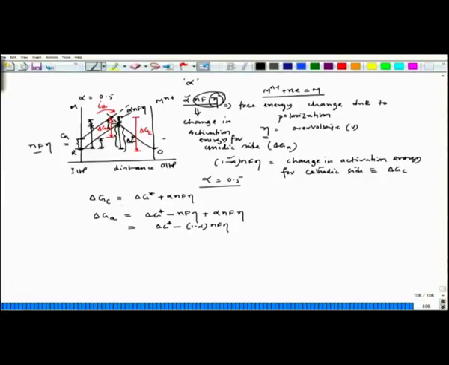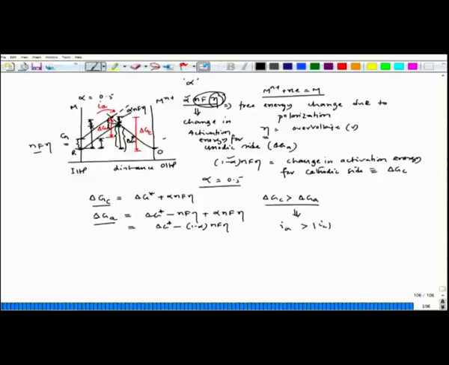Now, you could see that this value is greater than ΔG_A. Hence, it would lead to I_A greater than I_C. We are taking mod because we have assumed that this is a negative current, meaning the flow is opposite to the anodic current.